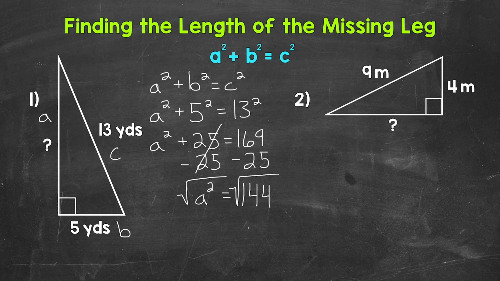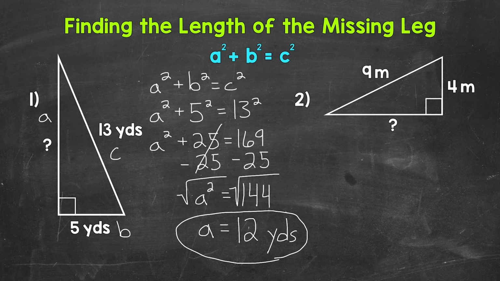So we need to take the square root of 144 as well. A is now isolated. So A equals the square root of 144, which is 12. So A equals 12, and this is yards. So the missing leg measures 12 yards.